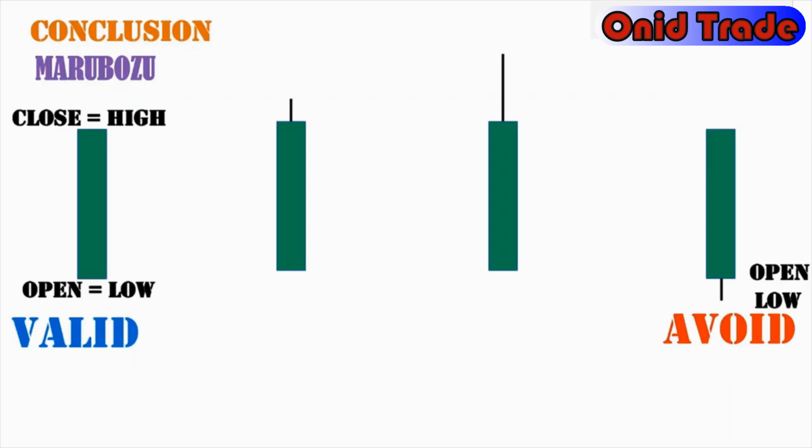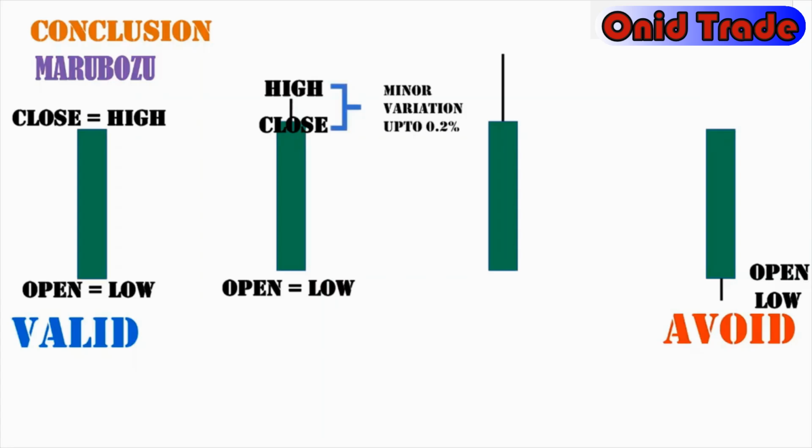In the second case, open is equal to low and close is different from high. Using the formula, we will calculate the percentage. If that percentage variation is up to 0.2 percent, then we will place the trade, consider this candle a Marubozu, and that trade is valid.